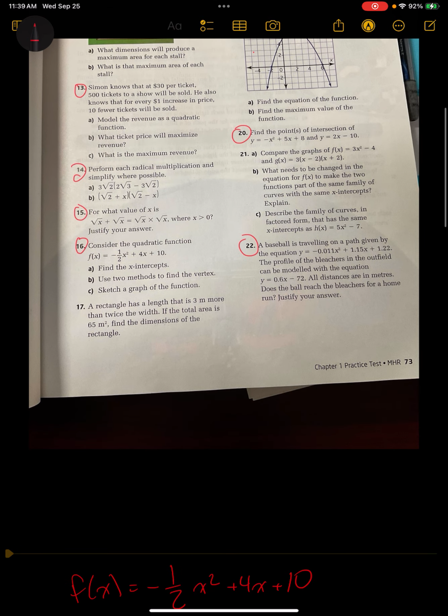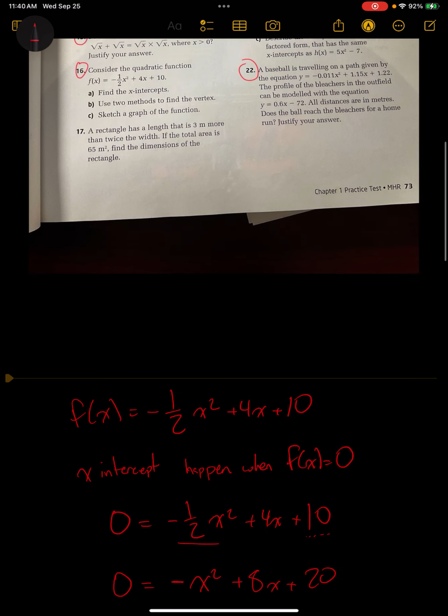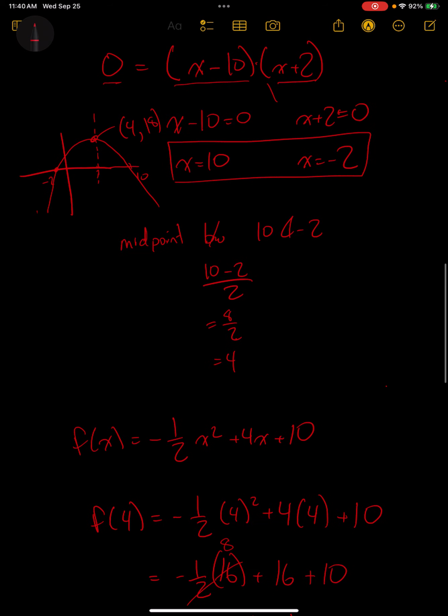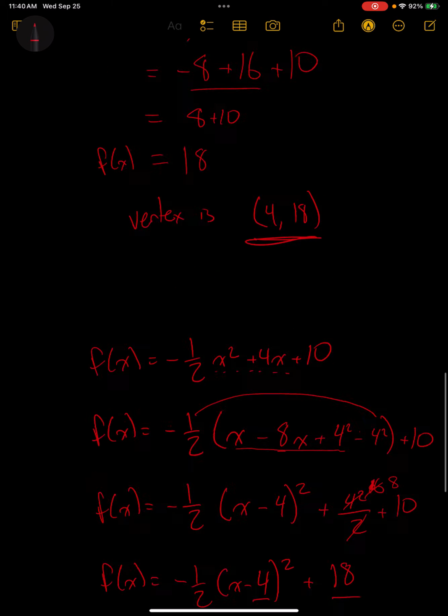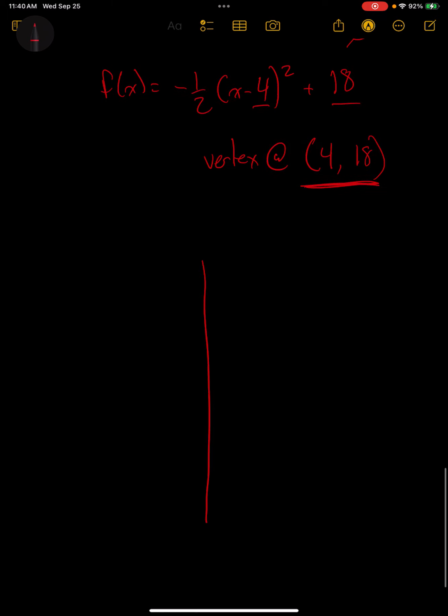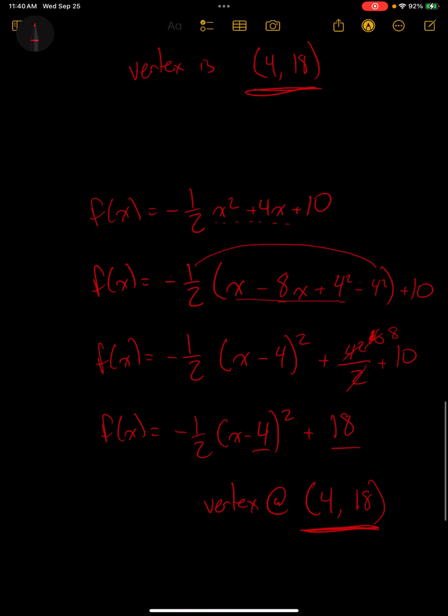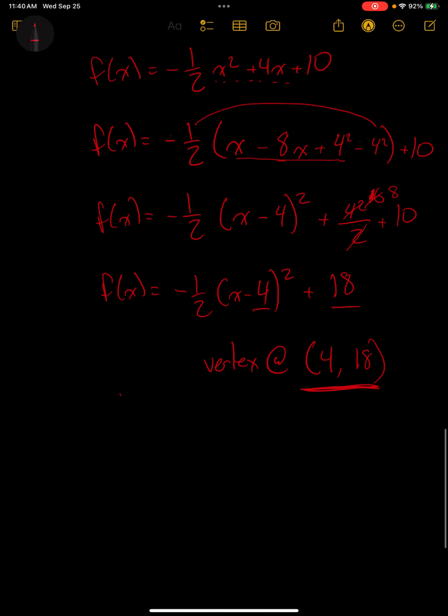Next, finally, sketch the graph of the function. Well, I already did that here, right? 4, 18. Maybe it could look better. So I got my zeros, right? I have my, oops. What's going on? I don't know why it's not drawing.